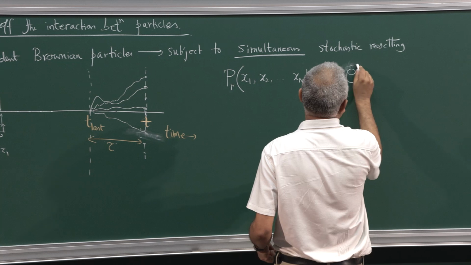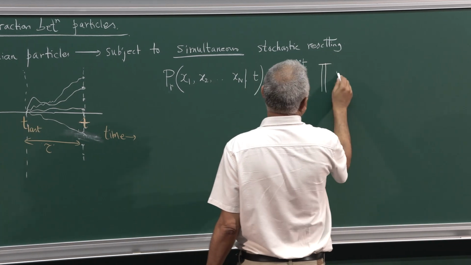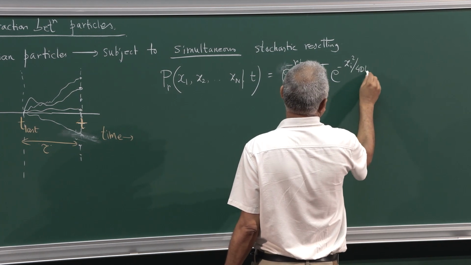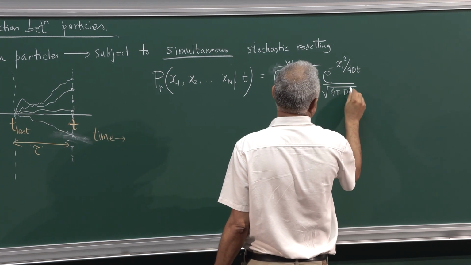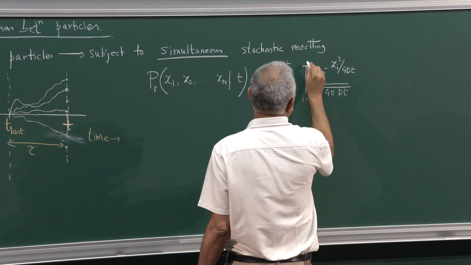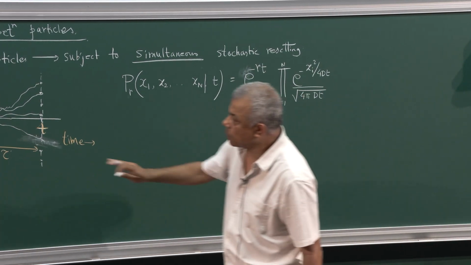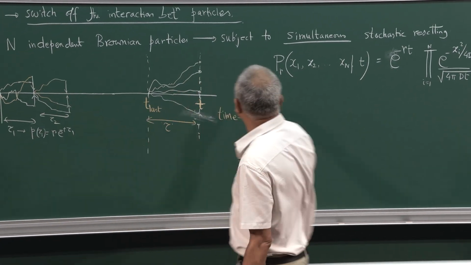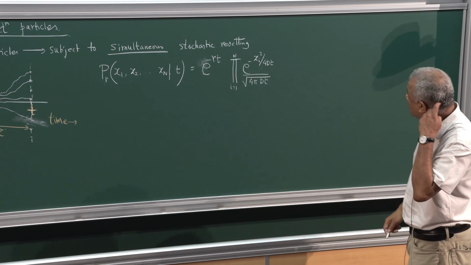Exactly in analogy with the single particle case, I can then write down this object as follows. This is the term when there is no resetting, because you could have some realization when there is no resetting event between 0 and t, just a free propagator. The probability that there is no resetting is e to the power minus r t.